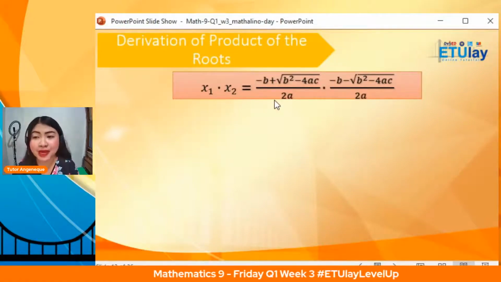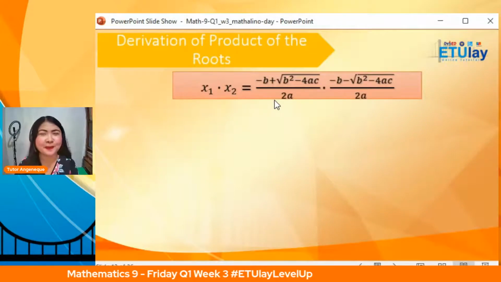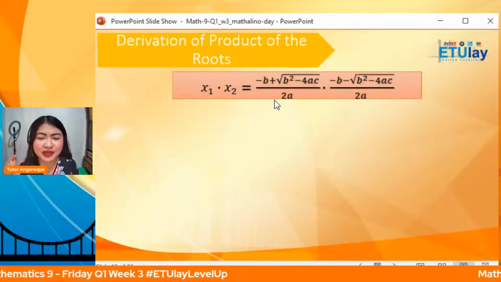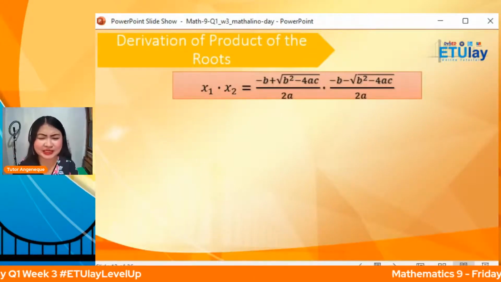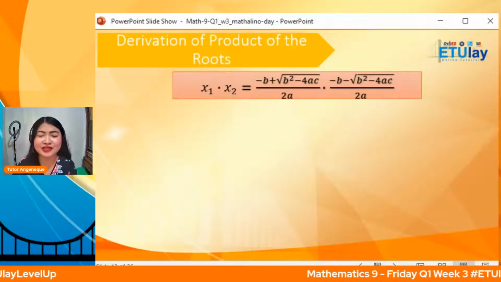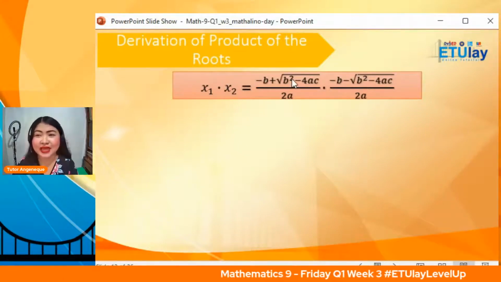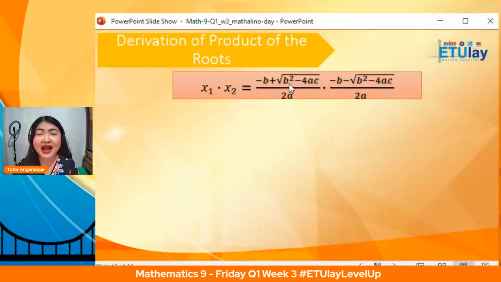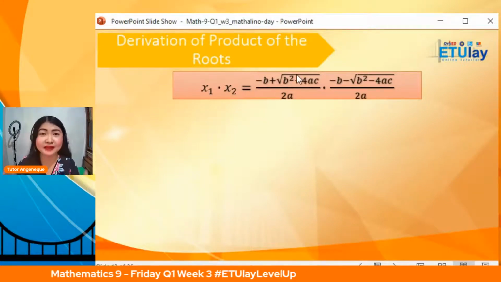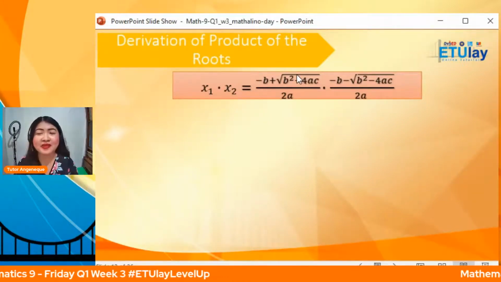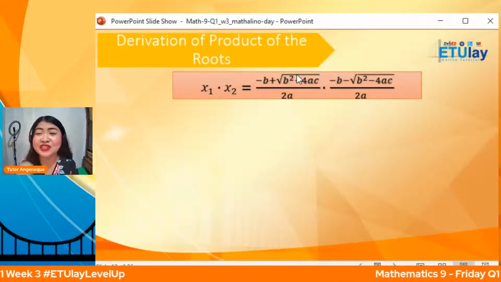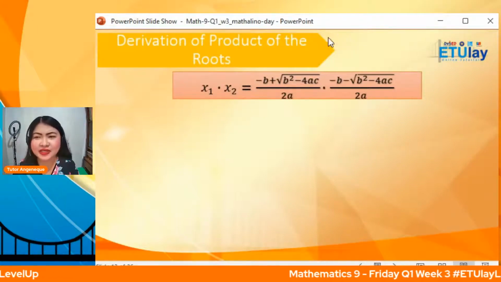So, when we multiply, ano yung napapansin nyo? Okay. Ito, wow, talaga naman si Alexander, sumagot na talaga. Difference of two squares po. Okay. So, actually, ang sagot dito, when you multiply the numerators, that is the difference of two squares. Why, teacher?